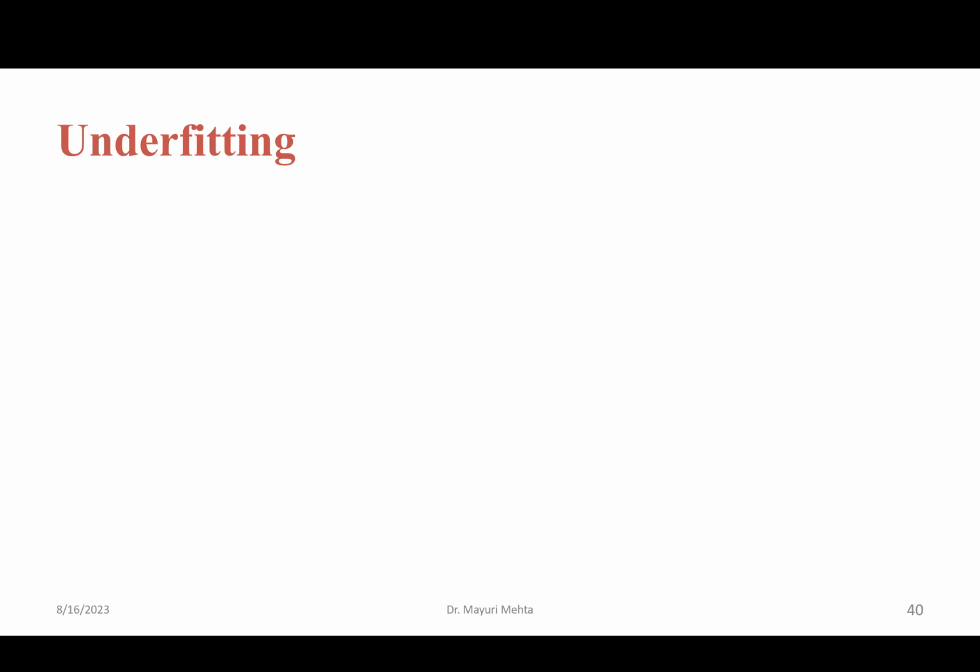It usually happens when we have less data to build an accurate model, and also when we try to build a linear model with fewer nonlinear data. In several real life sectors, today we have less digital data, and if we try to train our model with a small amount of data, underfitting may occur because the training is not good.